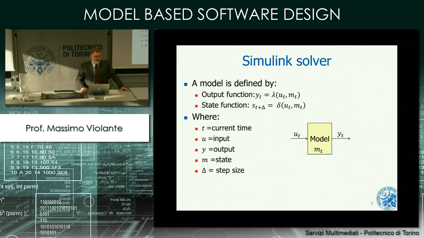Let's imagine our system as a kind of memory that is able to keep track of the events that modified the operation of the model from time 0 to time t. So this memory is conveyed within the variable m. This could be, for example, a counter.